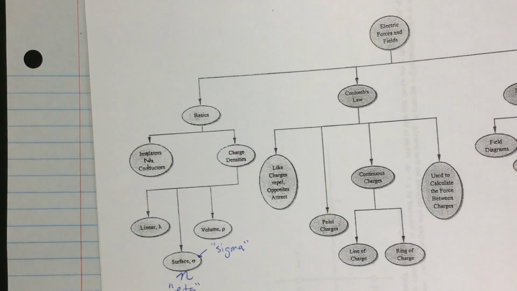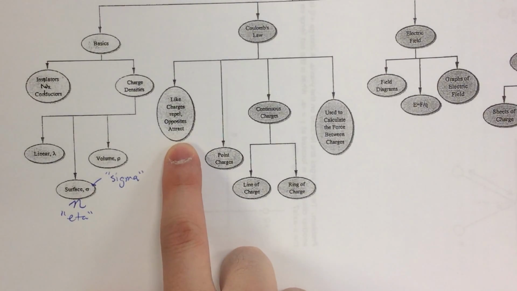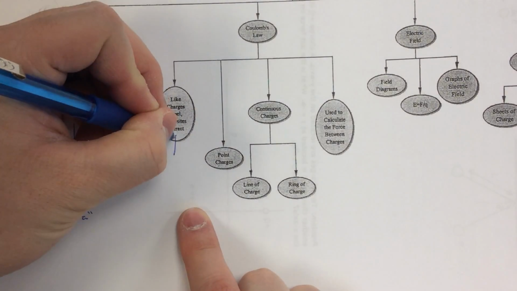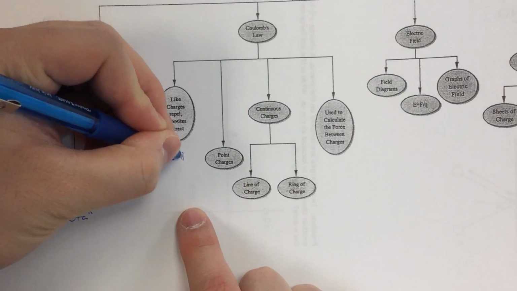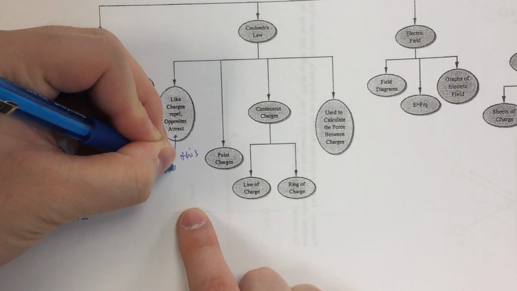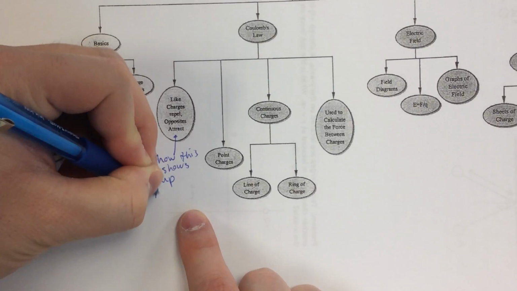Okay. Some of the main ideas from Coulomb's law, right? Like charges repel, opposite charges attract. Make sure you understand how this shows up mathematically.